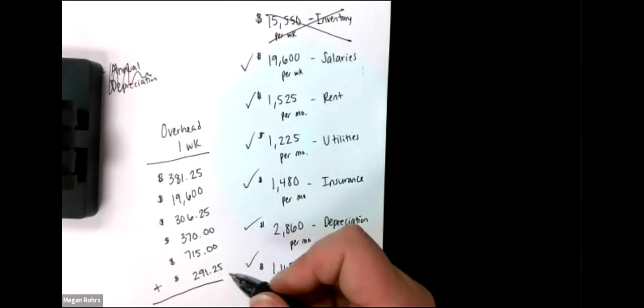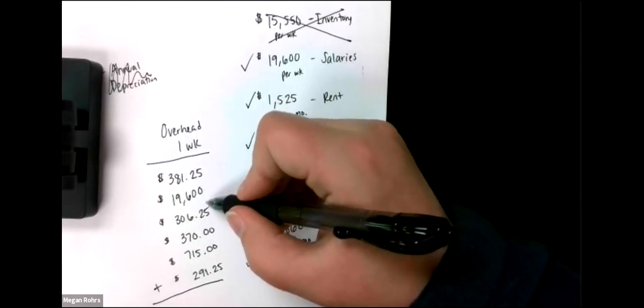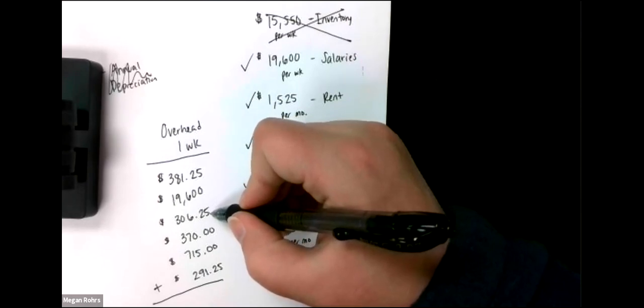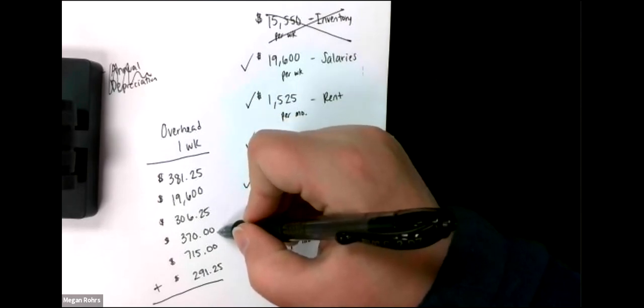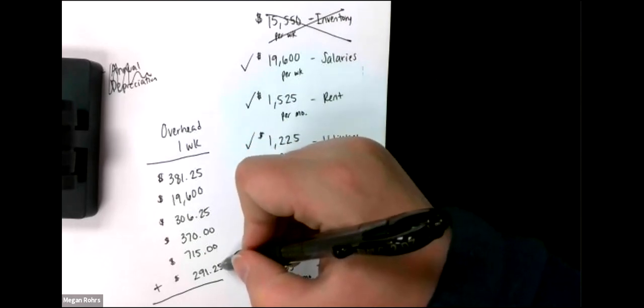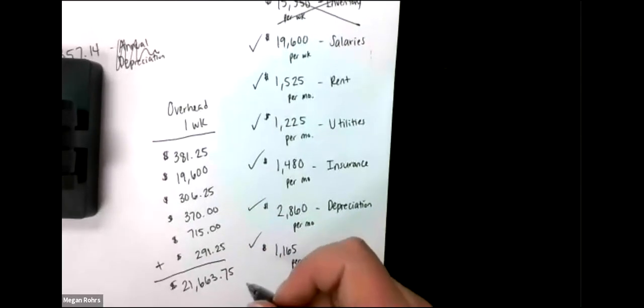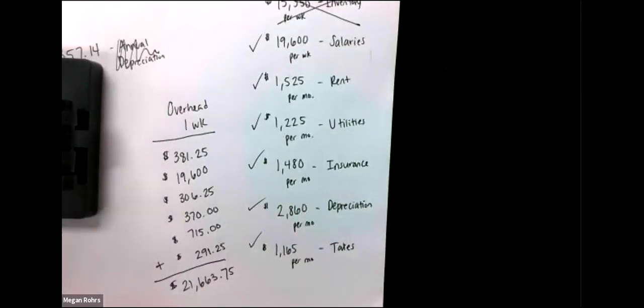So $381.25 plus 19,600 plus 306.25 plus 370 plus 715 plus 291.25 gives me a total of $21,663.75. So that was the overhead per week.